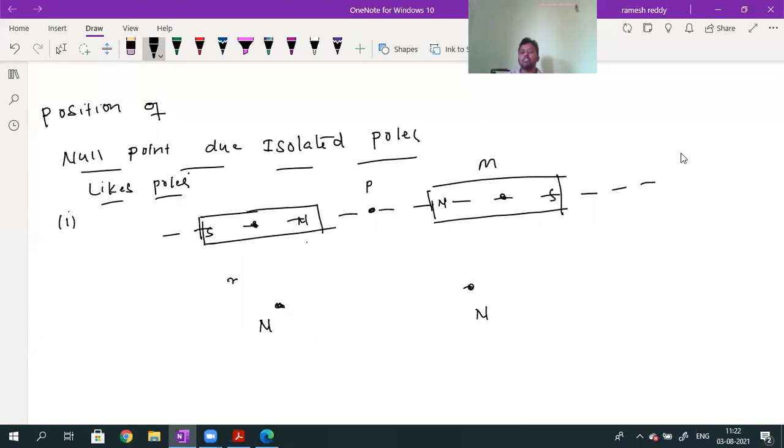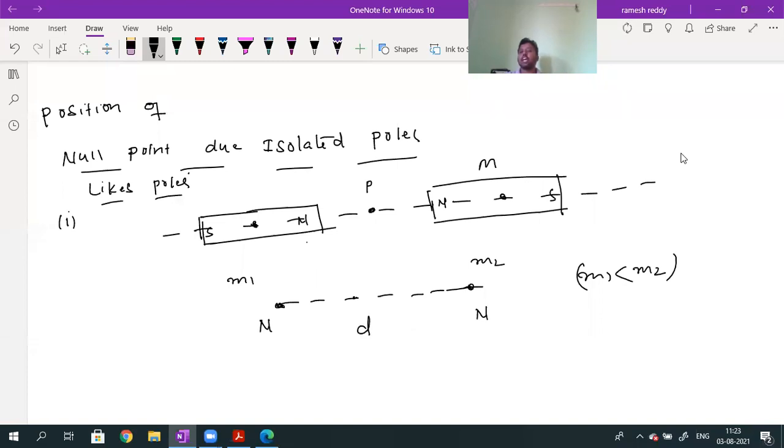This one has pole strength m1 and this one has pole strength m2, such that m1 is less than m2. So m1 is the weaker pole and m2 is the stronger pole. The separation between the poles is given by d.